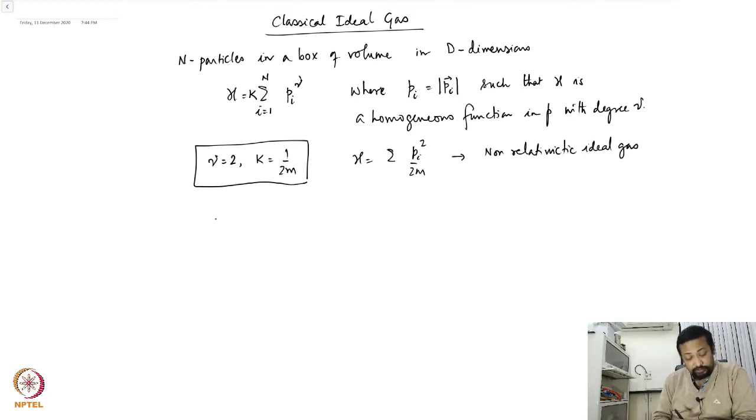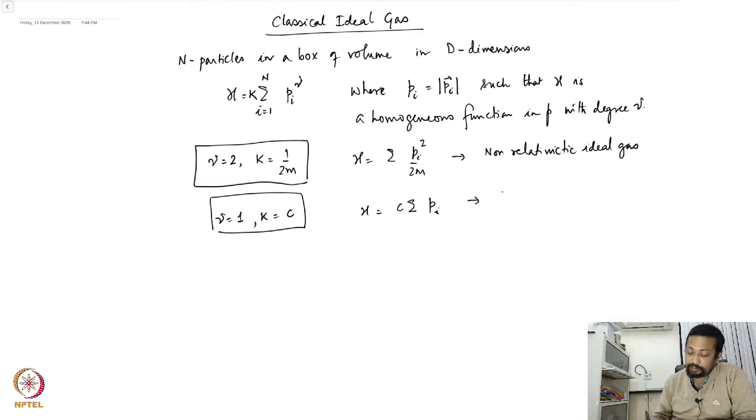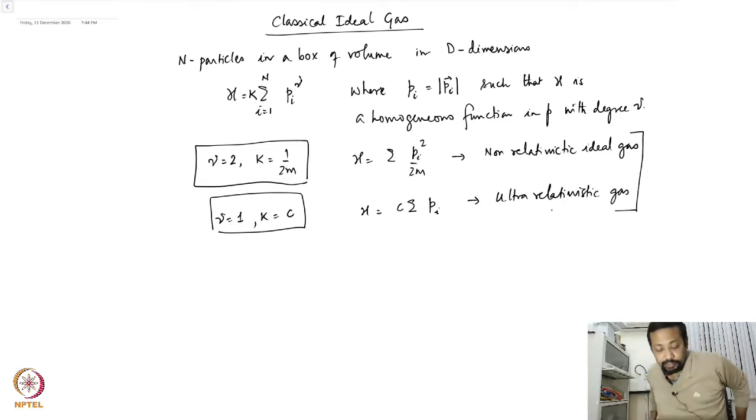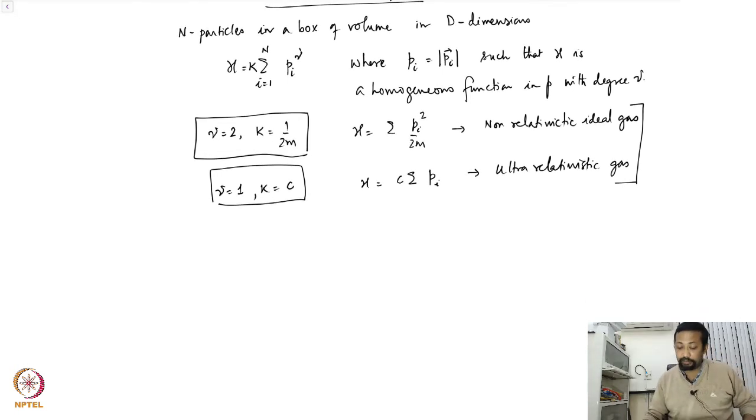The second case of interest is nu equal to 1 and kappa equal to c, in which case this is the sum over |p_i| times c, and this is an ultra-relativistic gas. We'll come back to these special cases later on.